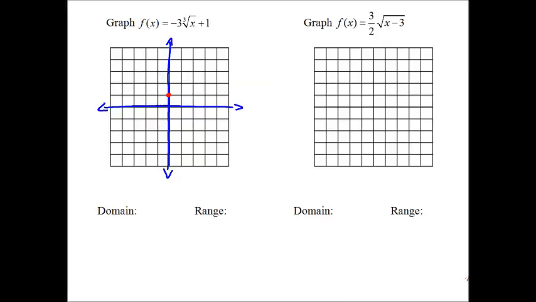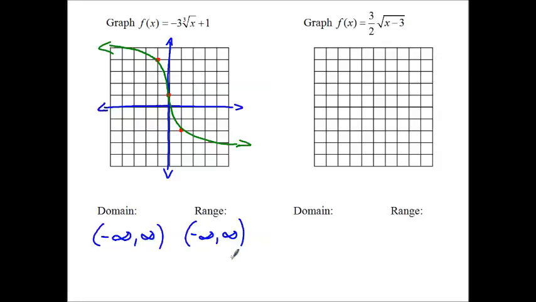Instead of going up, we go down, and instead of going down, we go up. So going 1 to the right, we now go 3 steps down. Going 1 to the left, we go 3 steps up. And these are the points we're going to use for our graph, which will look something like that. The domain, yet again, is from -infinity to infinity, and the range also goes from -infinity to infinity.